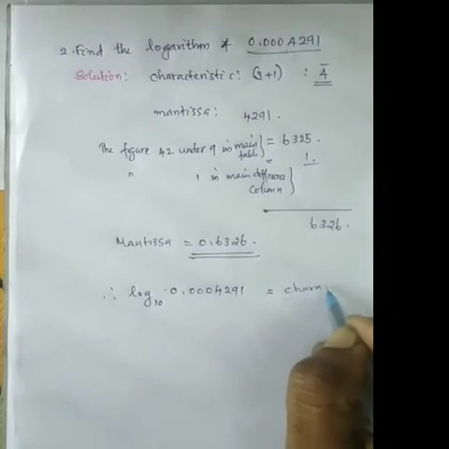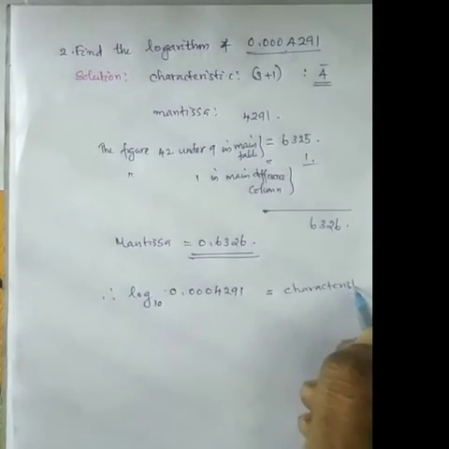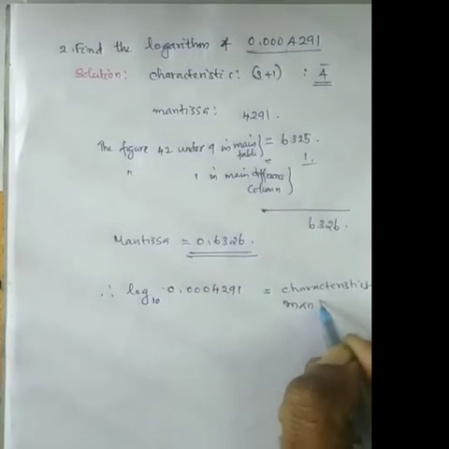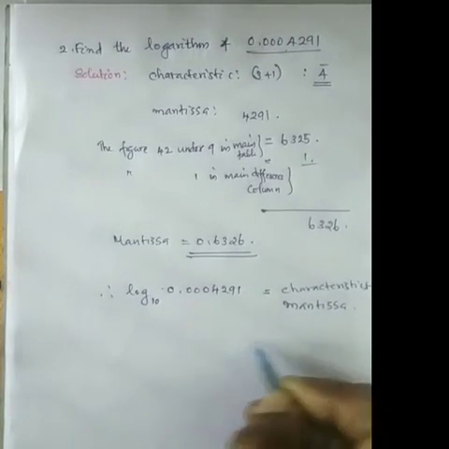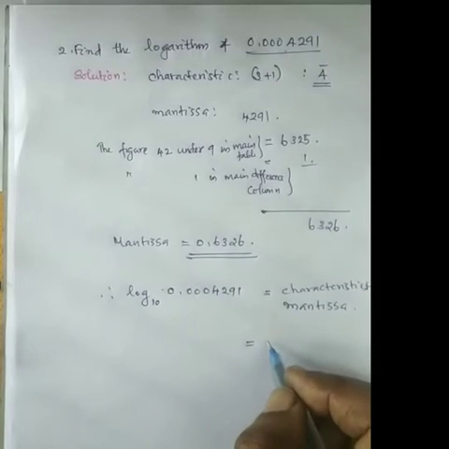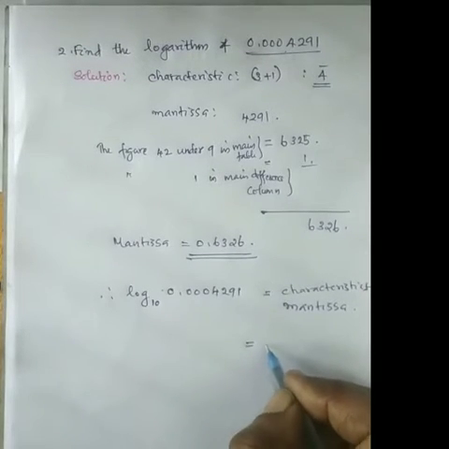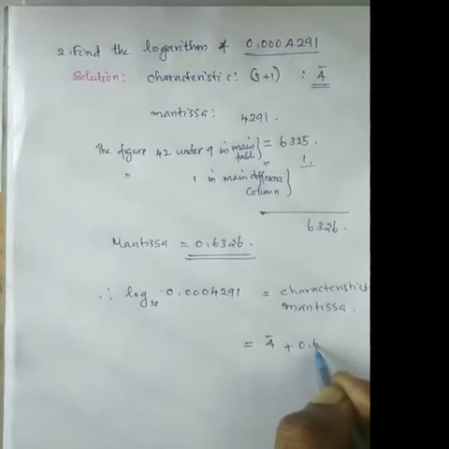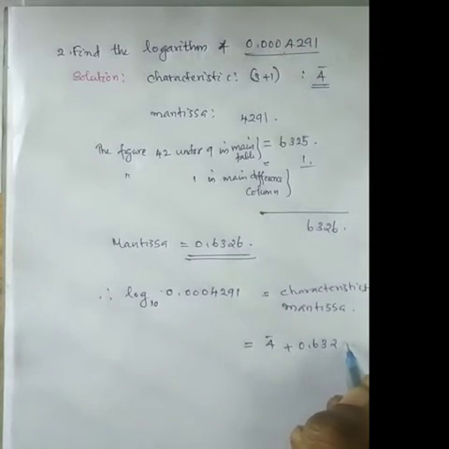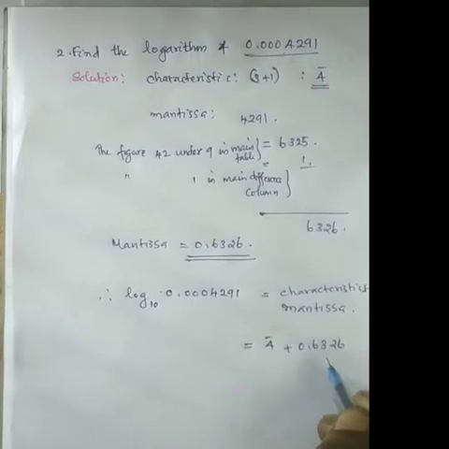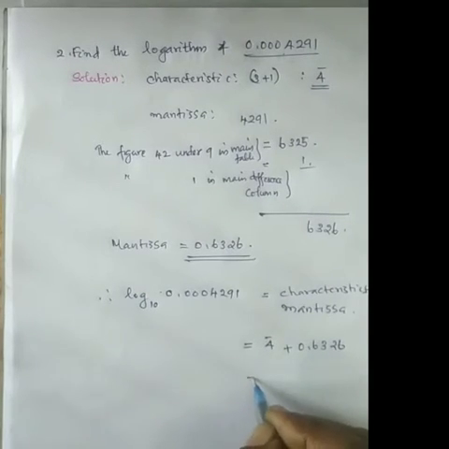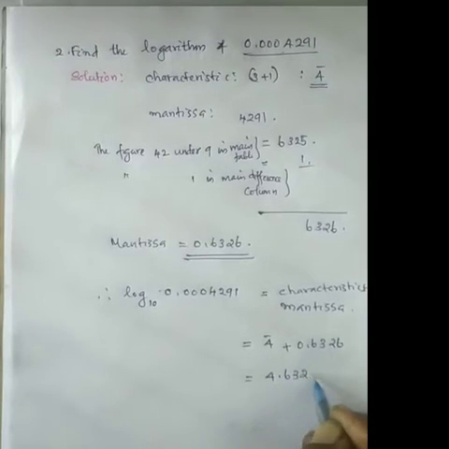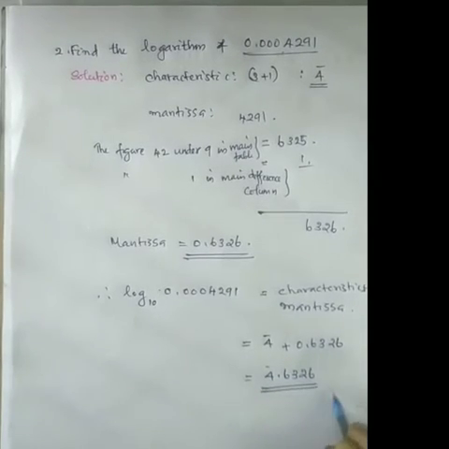Characteristic plus mantissa. Here, the characteristic is 4 bar plus 0.6326. So the value is 4 bar point 6326.